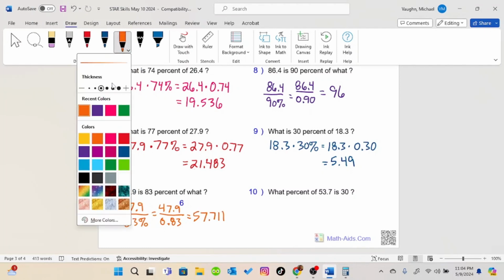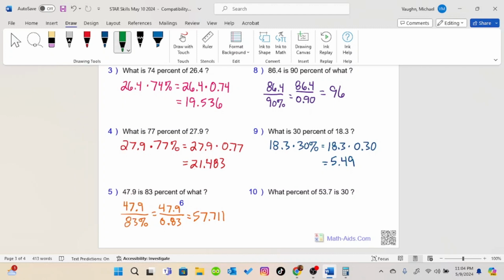And number 10, what percent of 53.7 is 30? So normally we would take the whole, multiply it by the percentage, and get the partial. Well, now we're going to take the part, and we're going to divide it by the whole.